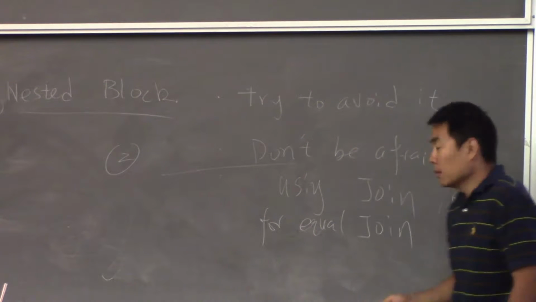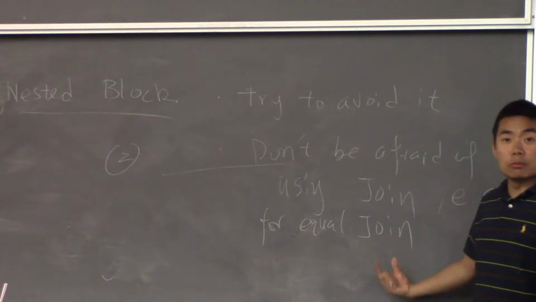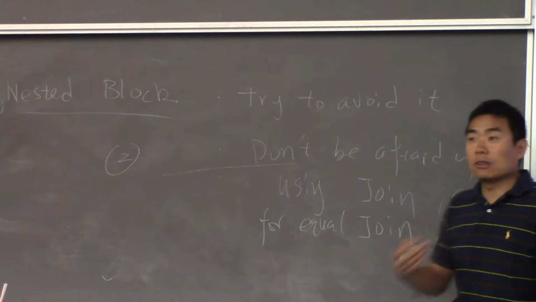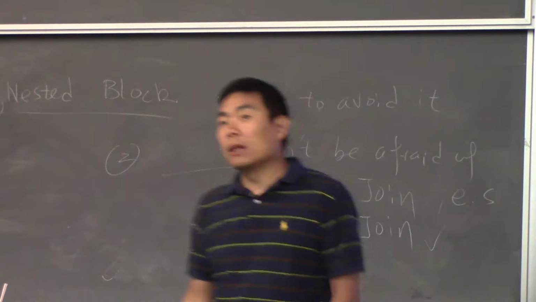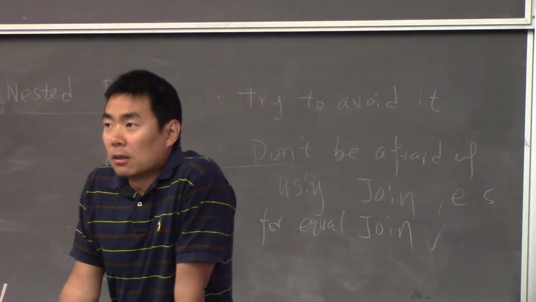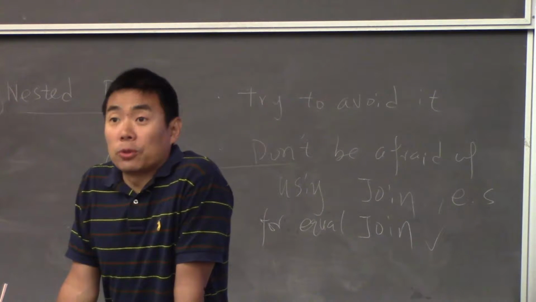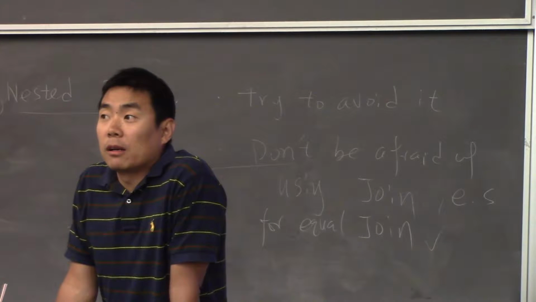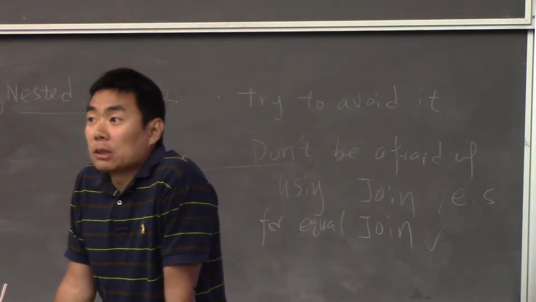Especially for equal join. Why? Later on, once we learn enough about the database kernel, you will know that equal join actually is very efficient, and the database is very effective in optimizing equality joins, and they can typically be done fairly efficiently.